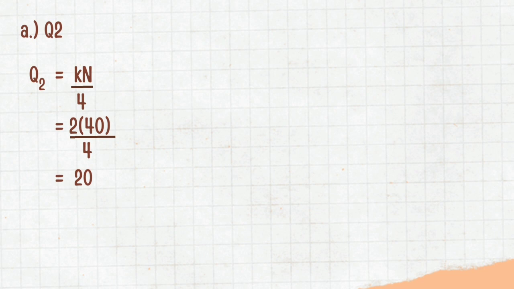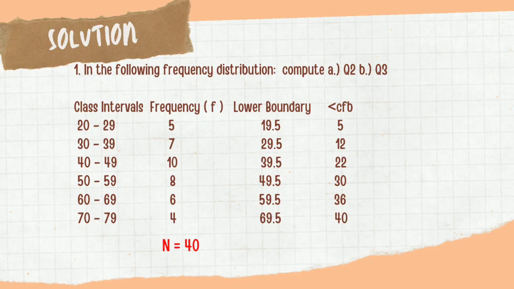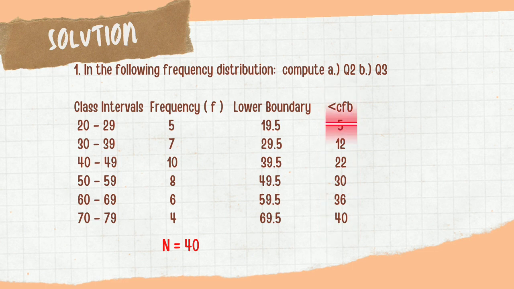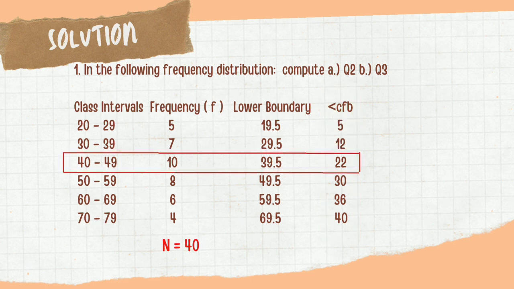So what will we do next? We will have to look here and find what class Q2 belongs to. As we can see, 5 cannot cater 20. 12 cannot cater 20 as well. But 22 can already cater 20. So the second quartile is in this class.